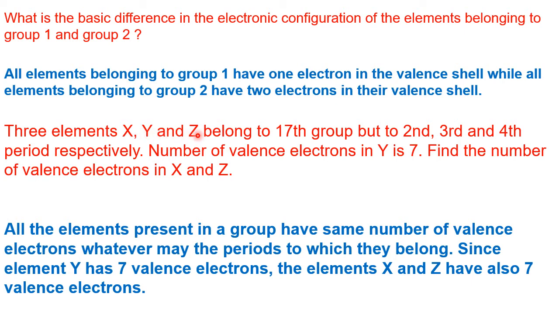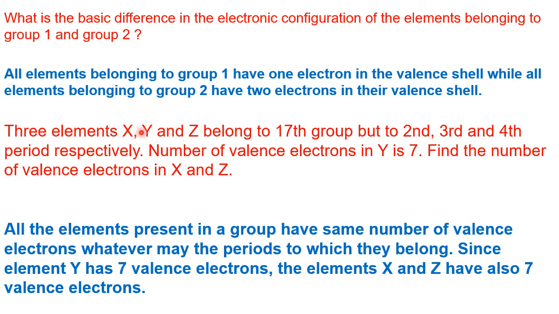Z belongs to fourth period of 17th group. Group is same, but period is different. Second period, third period and the fourth period. Now question is, number of valence electrons in Y is 7. In Y, number of valence electrons equal to 7. Question is, find the number of valence electrons in X and Z.